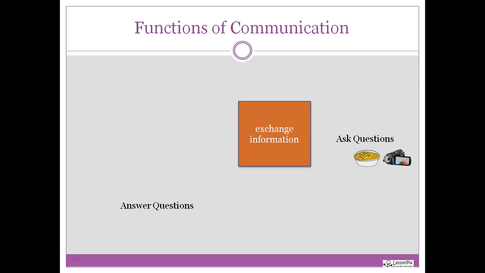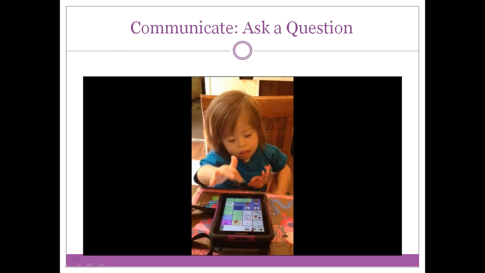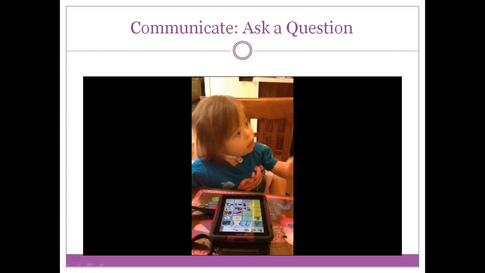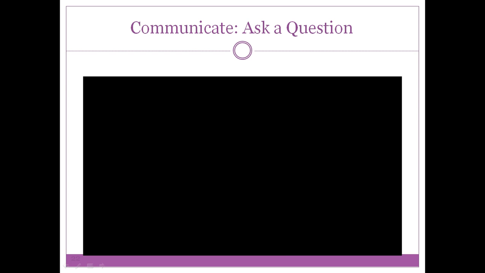Okay, so exchanging information. That's another function of communication. Asking questions. Is it ready yet? So the therapist was trying to model. Did you see that? And actually the therapist hit it, right?